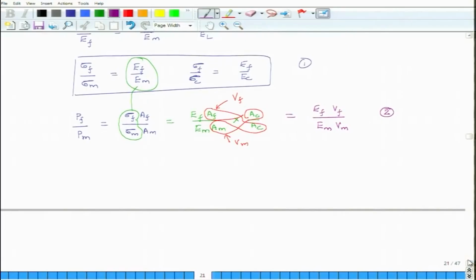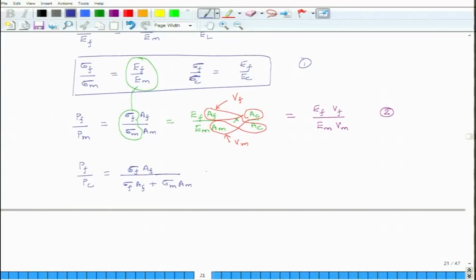And then let us see what is Pf over Pc. So, Pf over Pc is equal to sigma f Af over Pc, and Pc is what? Load borne by the composite, and that is sigma f Af, the load borne by fiber, plus the load by matrix.